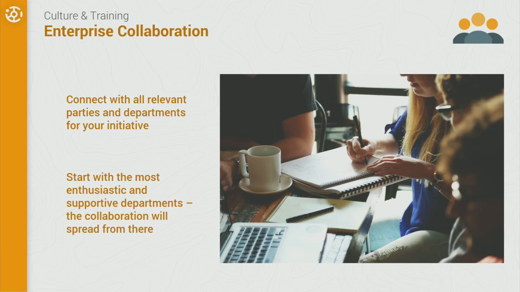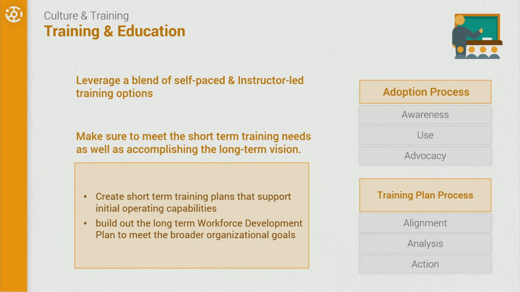So bringing all of them on board, and especially starting initiatives that have all of the departments very enthusiastic and supportive, is a good idea. The collaboration will spread from there. If they have a lot of success, it could spread through envy. Yeah, and that's also why having the executive leadership on board is important, they can sometimes wield a heavy stick. Exactly. Voluntell them to do it. And that can also be collaborating with external resources as well.